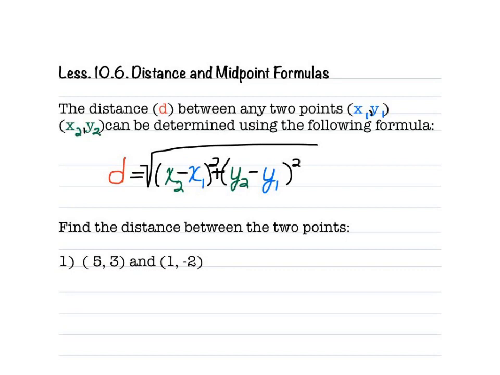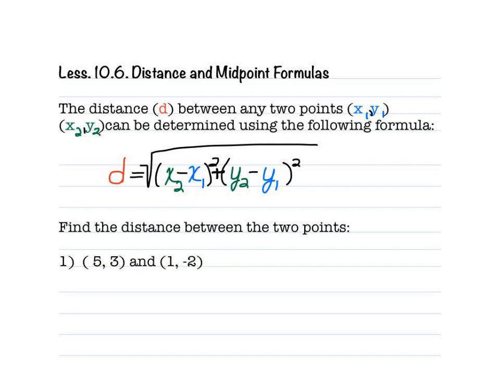Okay, we'll work on the distance formula first. The distance, d, between any 2 points, (x1, y1) and (x2, y2), can be determined by using the following formula. Distance equals the square root of (x2 minus x1) squared plus (y2 minus y1) squared.